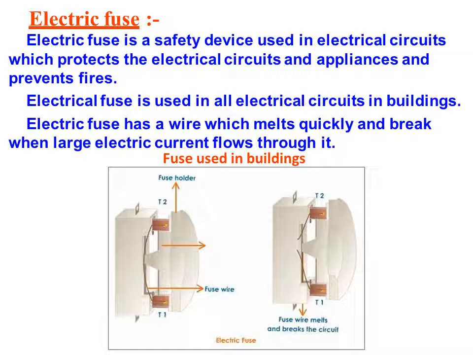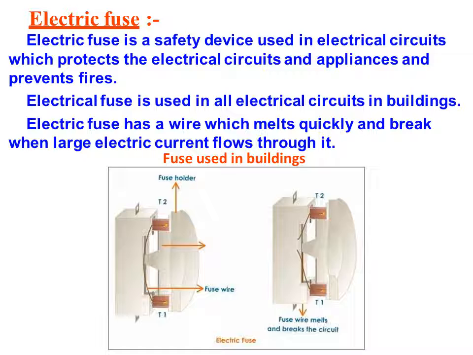So an electric fuse is a safety device. As I told, it acts as a switch used in electrical circuits, which protects the electrical circuits and appliances and prevents fire. For example, if there is excessive flow of electric current, what will happen?